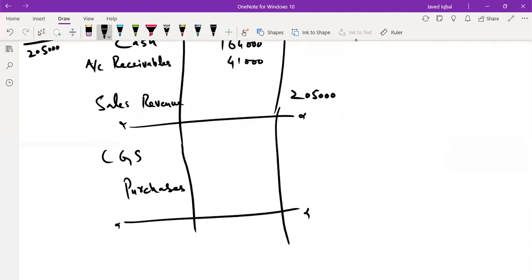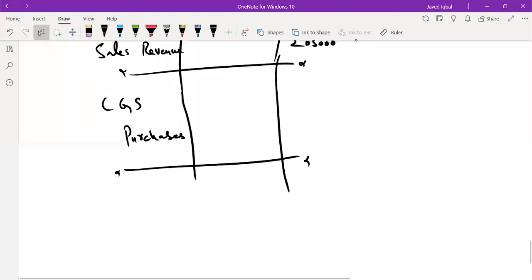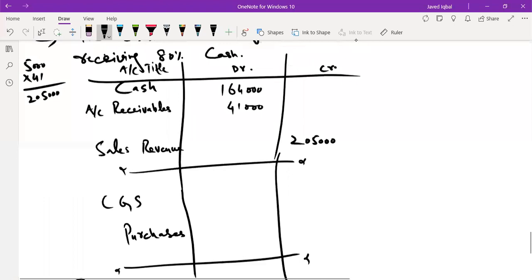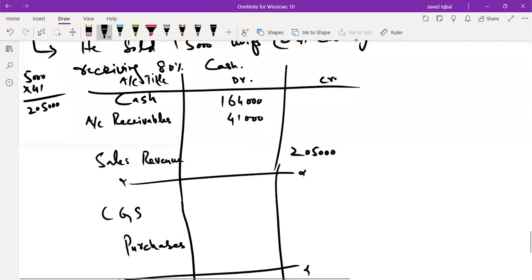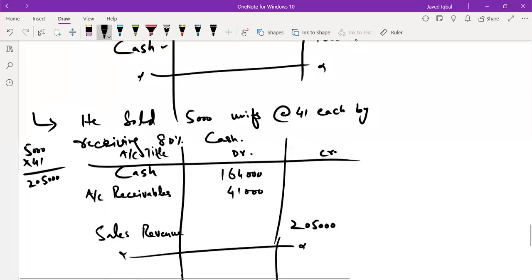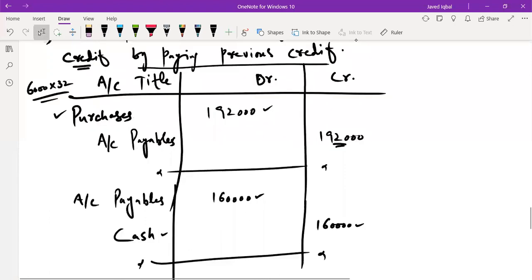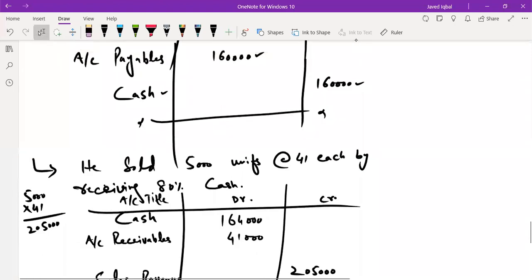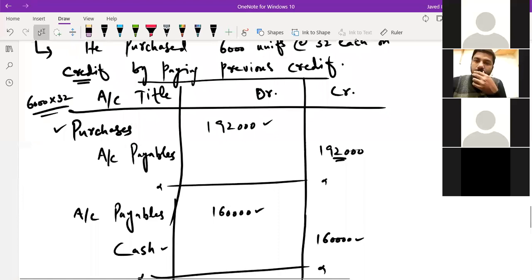This would conclude your transaction, but you need to calculate your COGS. Remember, you have 2,000 at 32 with you. These were your ending balances. Now you have also purchased 6,000 at 32.